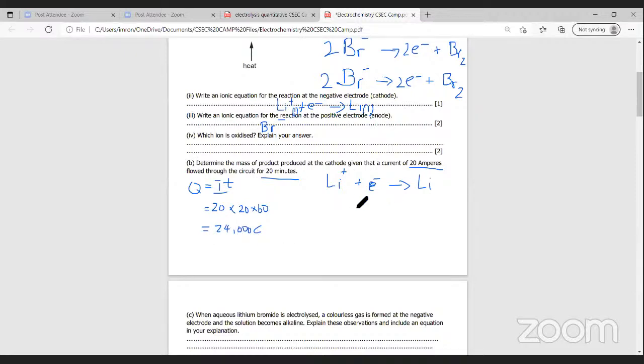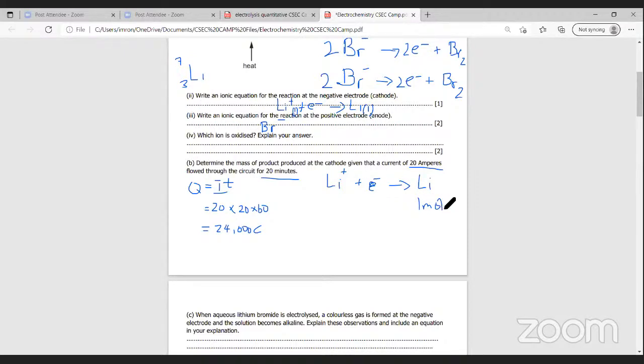Now we need to look at the equation for this charge to figure out the relationship between the quantity of electricity, the charge, and the quantity of substance formed. So 1 mole of lithium is formed here. If you look at your periodic table, lithium has a relative atomic mass of 7.